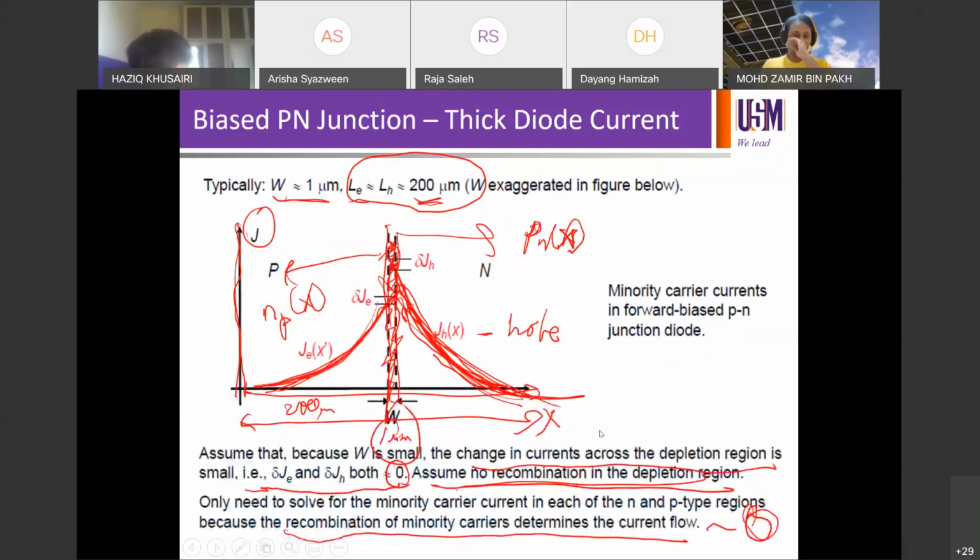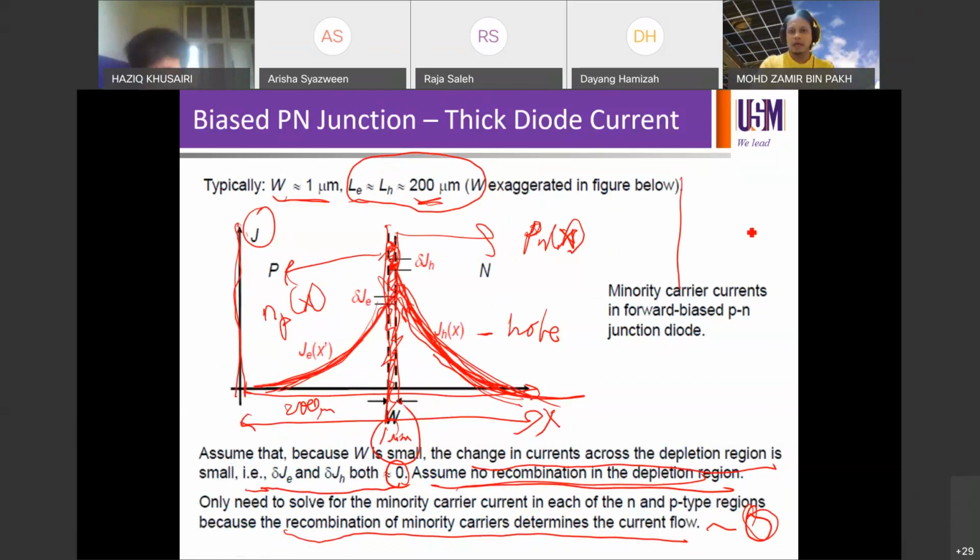Yeah, I'm just going to stop here first. Before this, when you learned about diodes, did you learn in electronics or some other subjects? Have you learned about the diode equation? Anyone? Have you learned about the diode equation before? Can't remember? Which subject did you learn it in? Electronic 1 or 2, or some other subjects? Electronic 1.